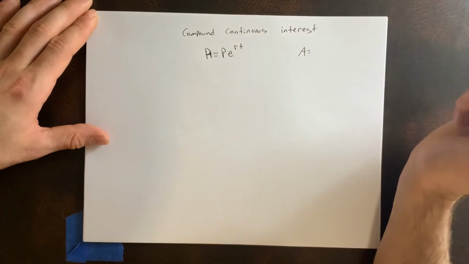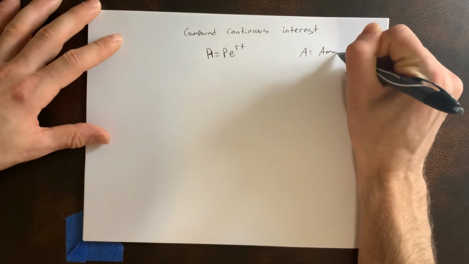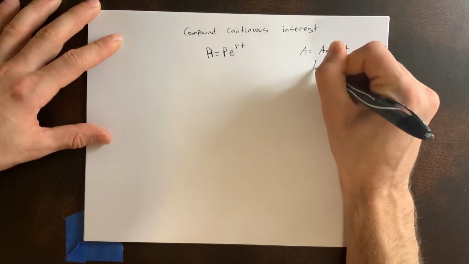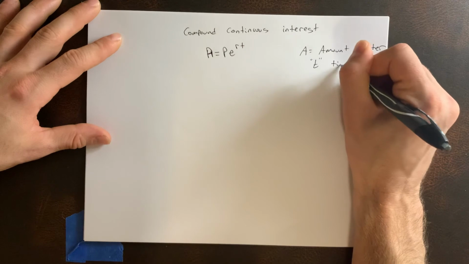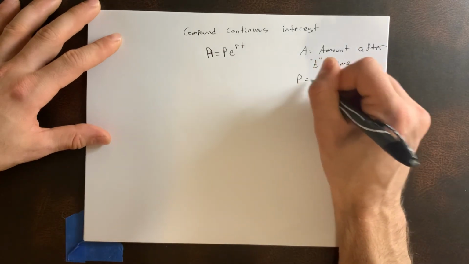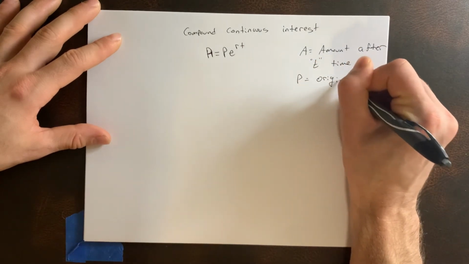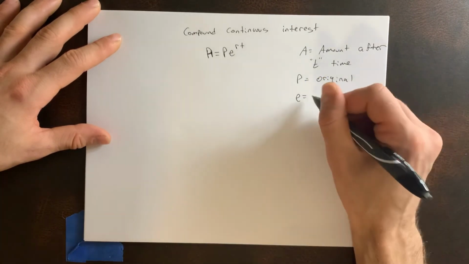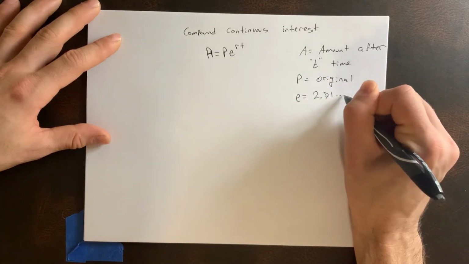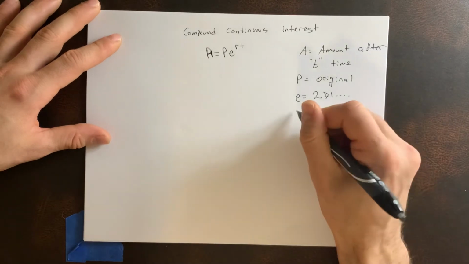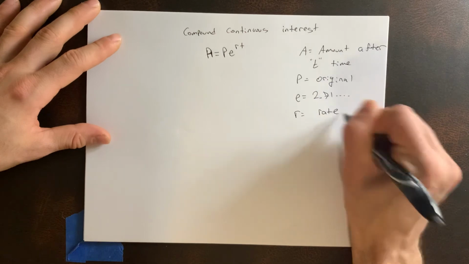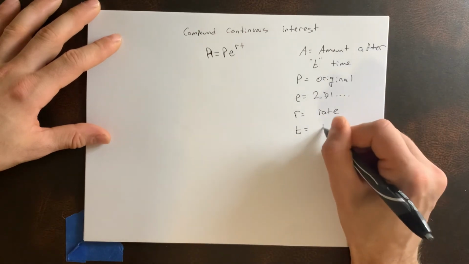A is going to be the amount after t time, and P is the original amount. e is that number, 2.71, that goes on forever. And then r is going to be an interest rate, we'll just call it a rate. And t is time.